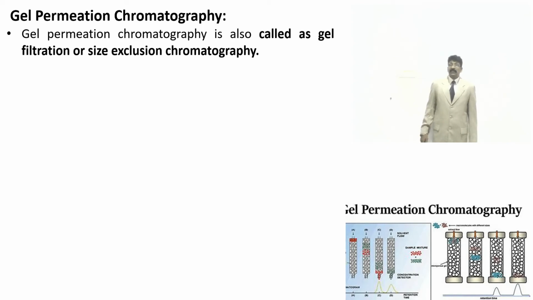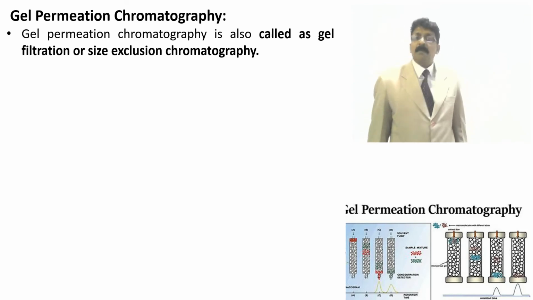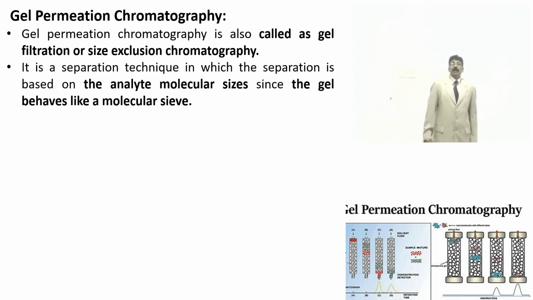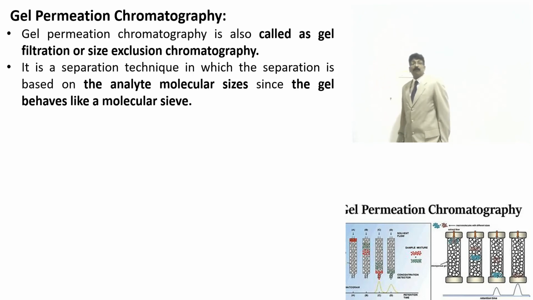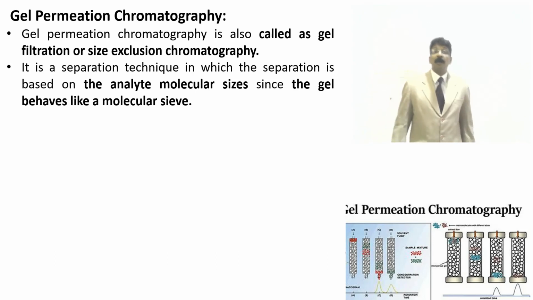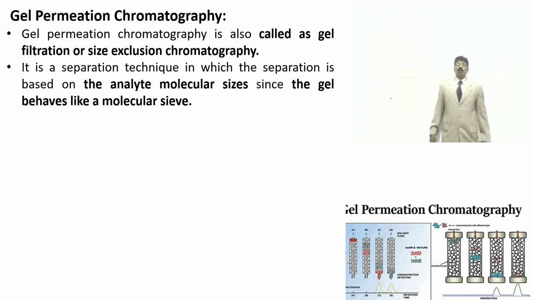We are separating DNA, RNA and protein molecules by means of gel permeation chromatography. So gel permeation chromatography is also called gel filtration or size exclusion chromatography. You should remember gel filtration, or size exclusion chromatography.